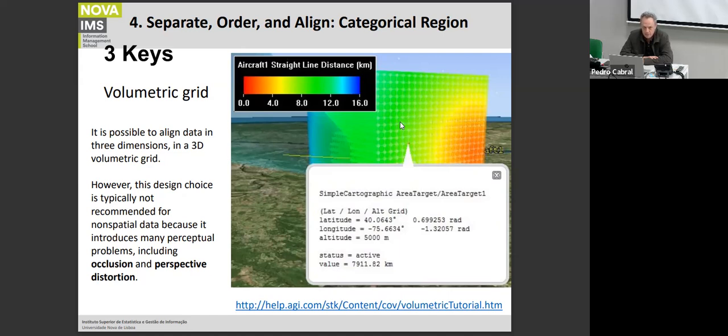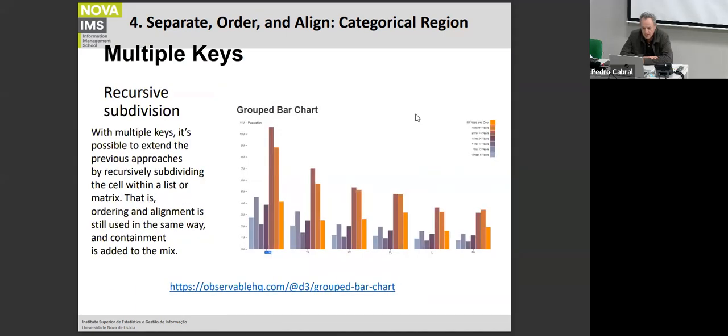We have here a problem, which is the 3D perspective, okay? We have this occlusion effect, we just see one perspective of the data, so we might be hiding or missing a very important feature of the data. Okay, depends on the perspective. Okay, we can also have multiple keys.